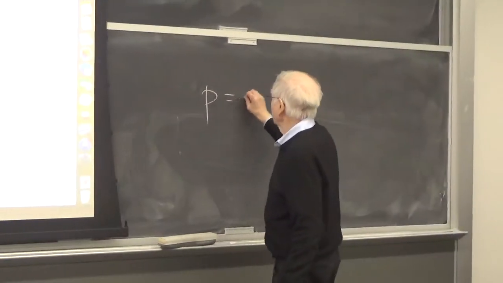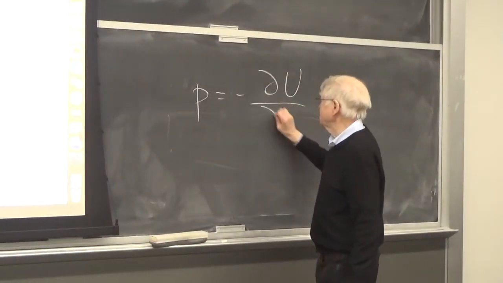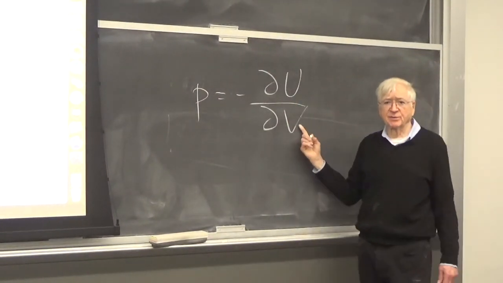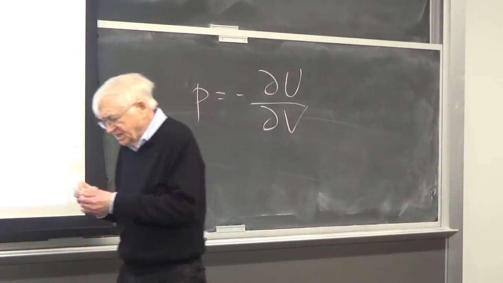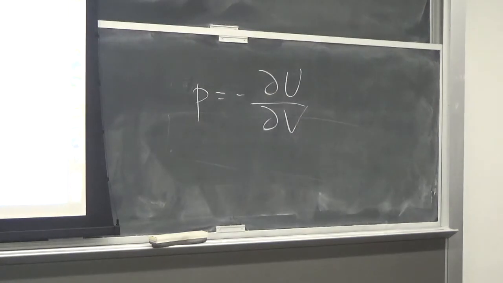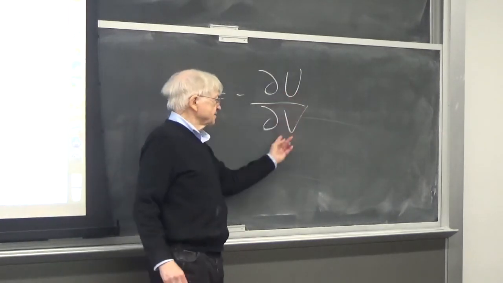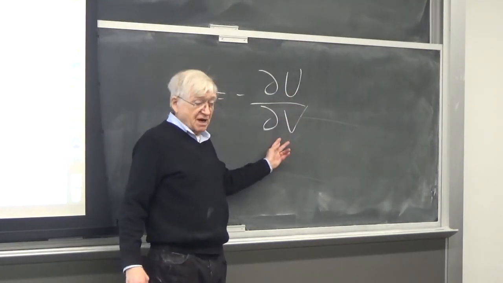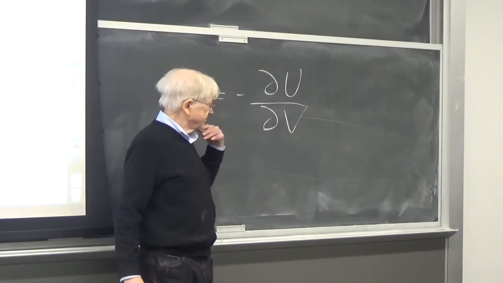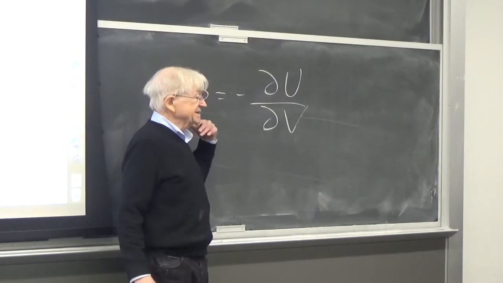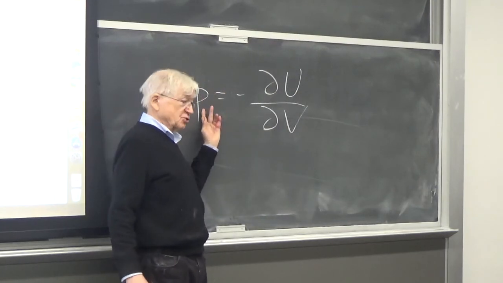Pressure, of course, is minus the partial of the internal energy with respect to volume. So if you have a situation in which the potential energy is very high and you double the volume, then you've doubled the energy. And so the partial of energy with respect to volume is positive, and so the pressure is negative.